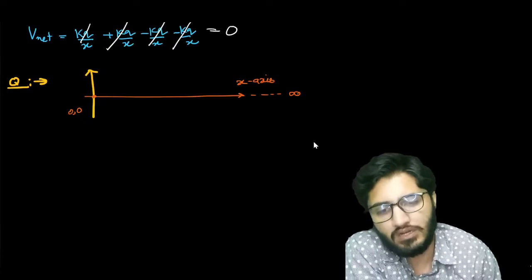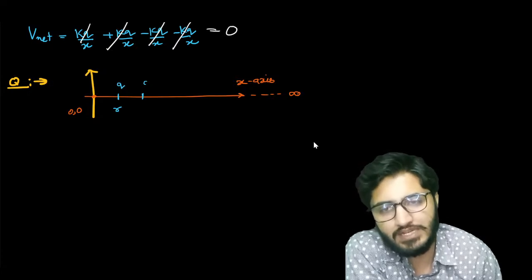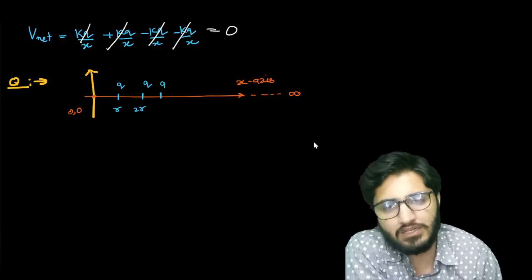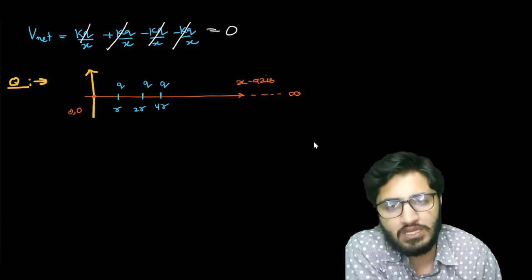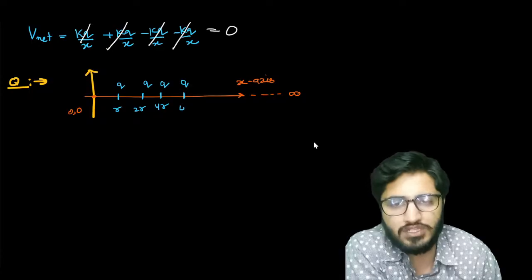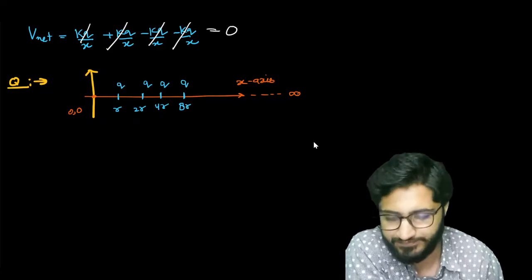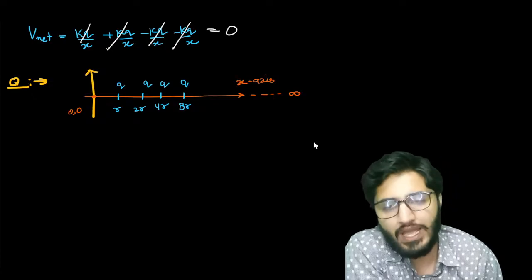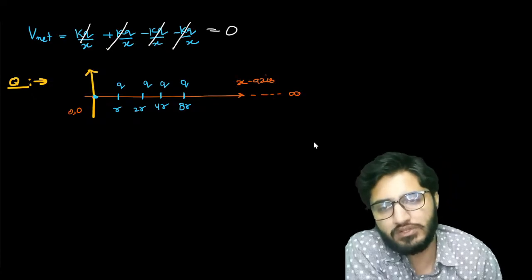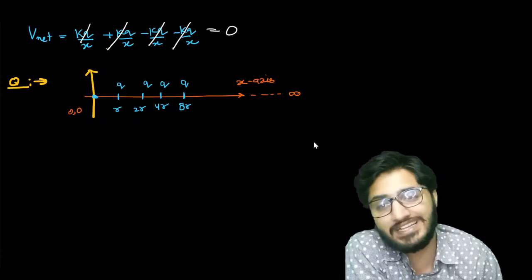Here I have charged particle Q at distance R. Here, charged particle Q at distance 2R. Here, charged particle Q at distance 4R. Here, charged particle Q at distance 8R, and so on. We have to find the net potential due to these charges at the origin.